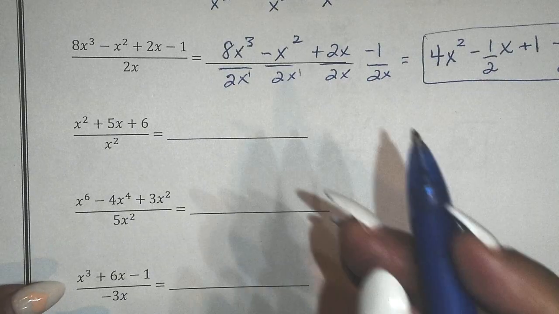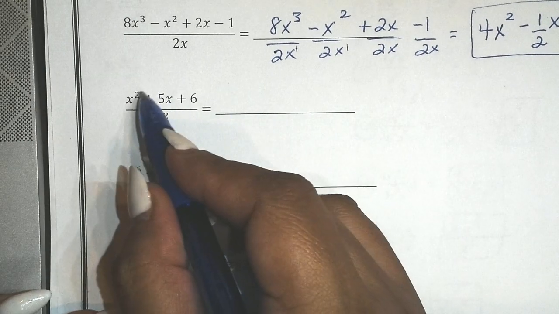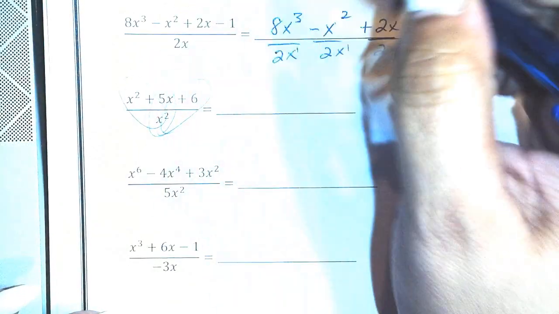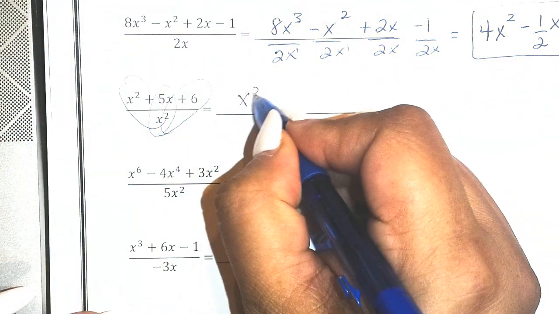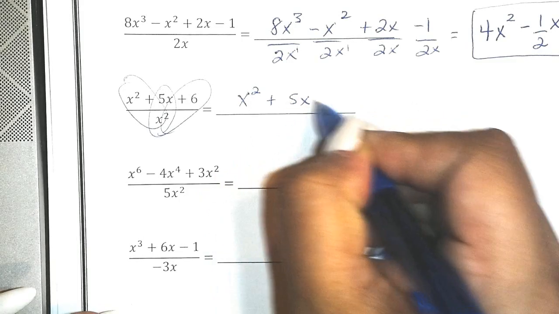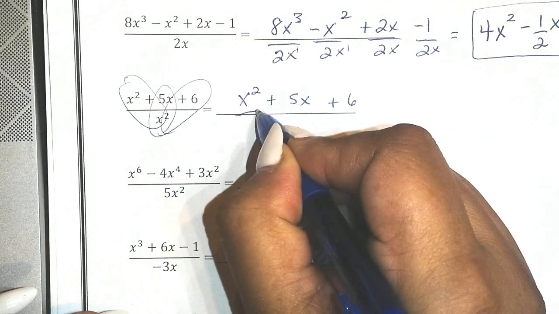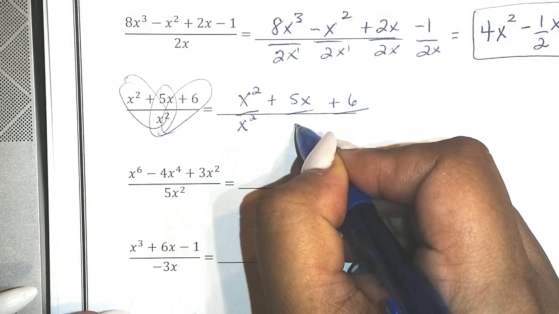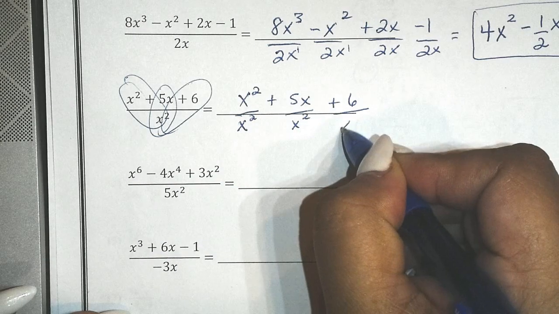Alright, let's look at the next one. We're dividing each term by x squared. So again, you're looking at it like this. You're giving every term, and you're dividing it by the denominator.